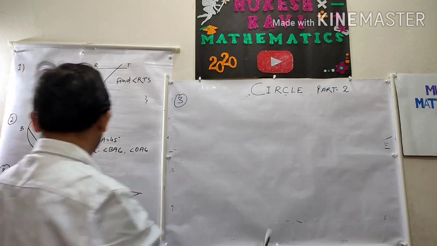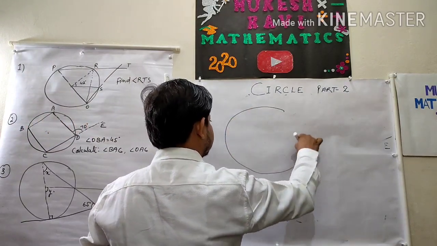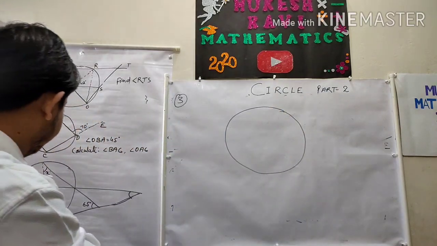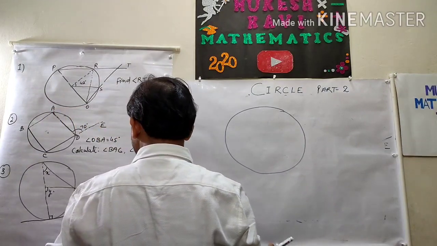Now the third and last question for today. A very simple question, a board question, maybe 2017 ICSE, and it is very good. It was given in class 9th CBSE also. A very good question according to the property.